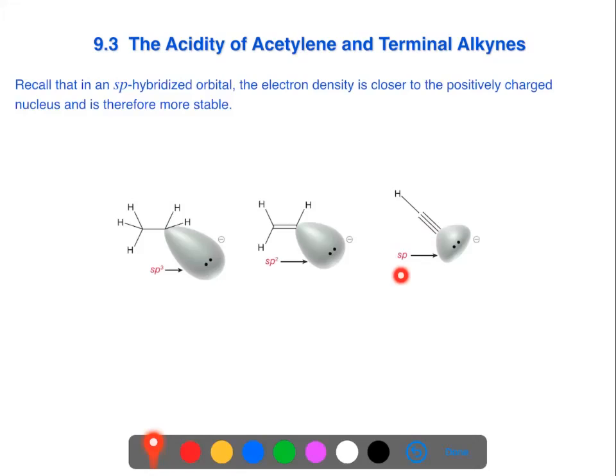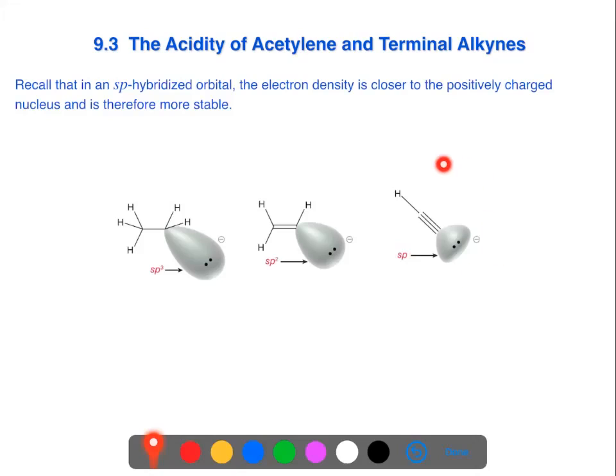So an sp hybrid will have 50% s character, sp2 will have 33%, and an sp3 hybridized will have 25% s character. Given the greater amount of s character of the sp hybrid, the electron density is closer to the positively charged nucleus, and as a result is more stable.